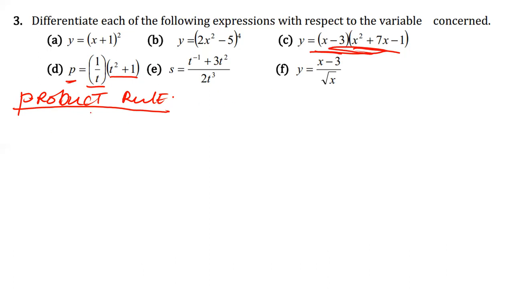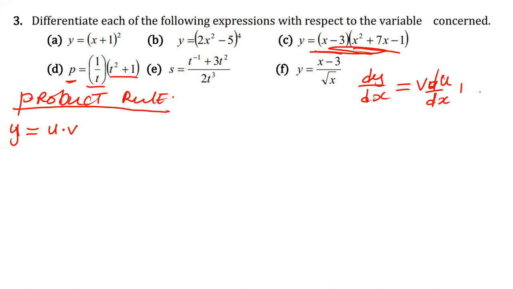So the product rule states that to find dy dx, if you've been given two functions which are multiplying, let's say y is equal to u multiplying with another function v, to find dy dx, you simply say v u prime, so u prime is simply the same as du dx.